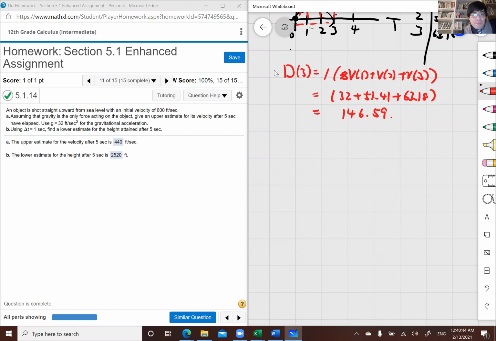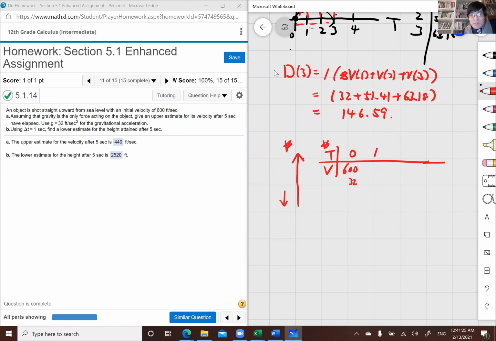Well, the velocity is starting from 600. And at each second, the acceleration is 32. So although the velocity is 600 feet per second at the beginning, the acceleration works this way, making the velocity go down by 32 units each time.